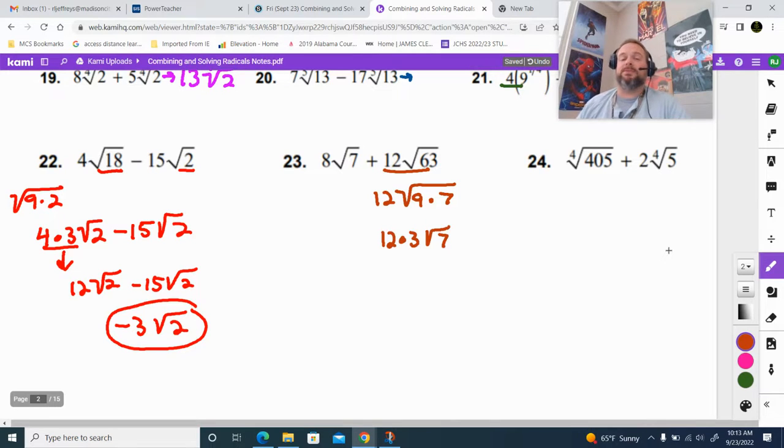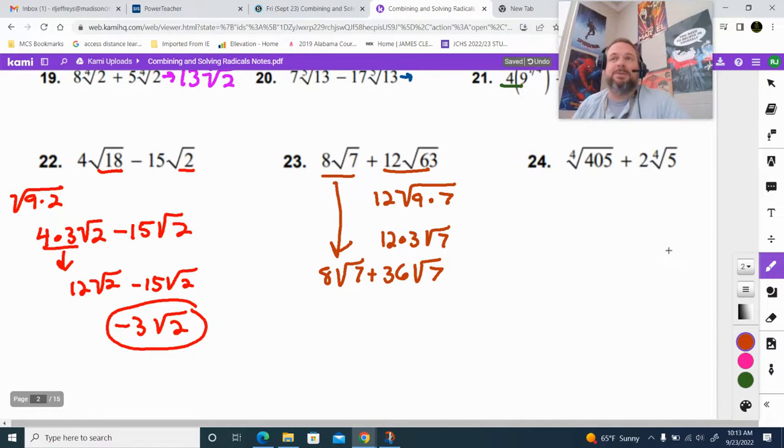What is 12 times 3? All right. So now we've got it where we can put it together. So 8 plus 36 is 44 root 7.